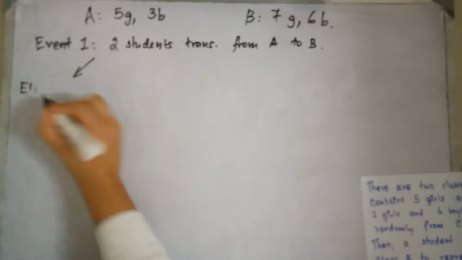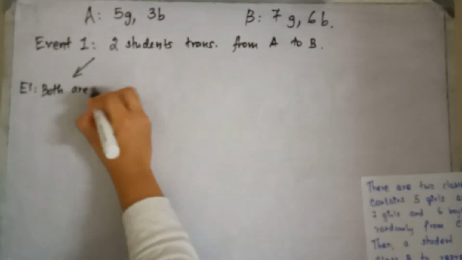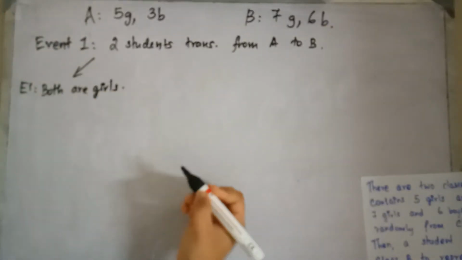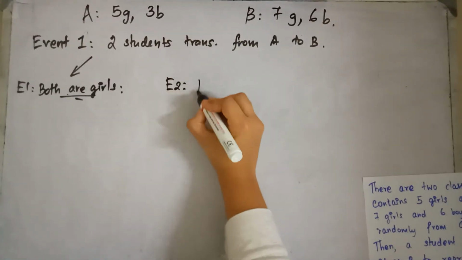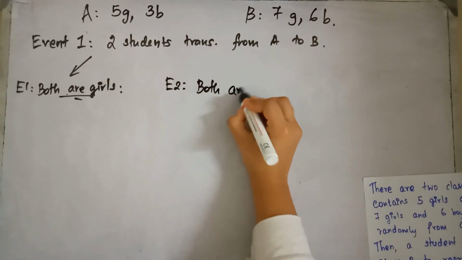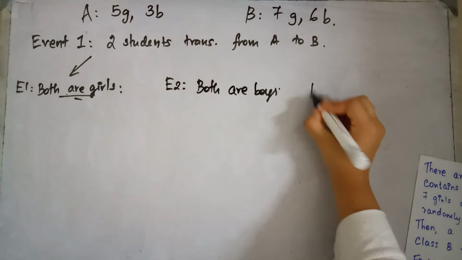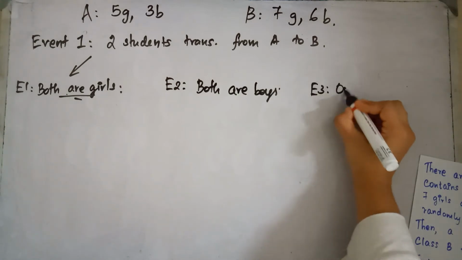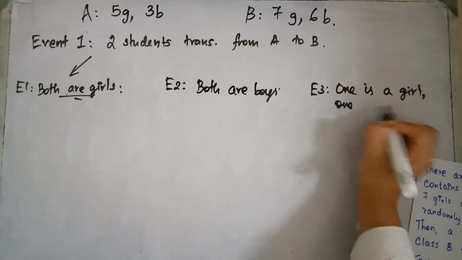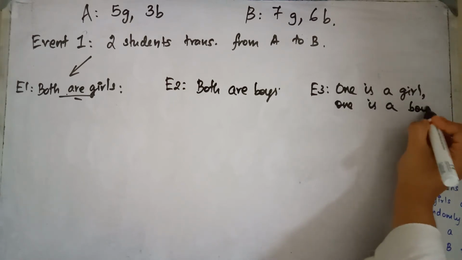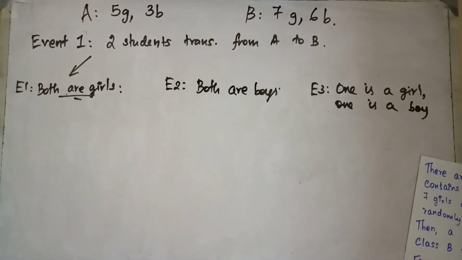First possibility, both are girls. Both of these transferred students are girls. That's a possibility, right? We have another possibility, that is both are boys. We'll have that as E2. This is E1. Or it could be that one is a girl and one is a boy. Any of these 3 possibilities could have happened because 2 students are transferred from A to B.